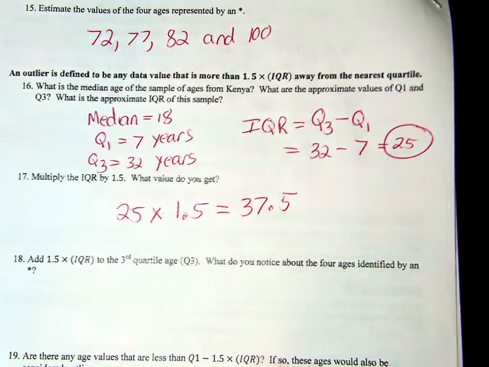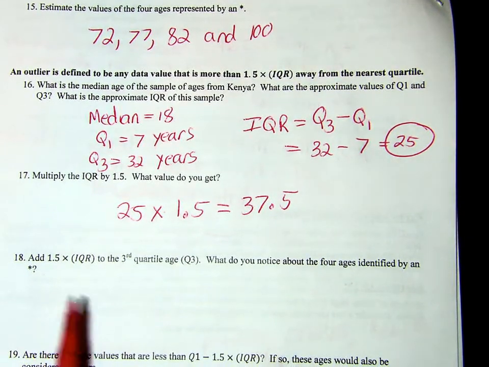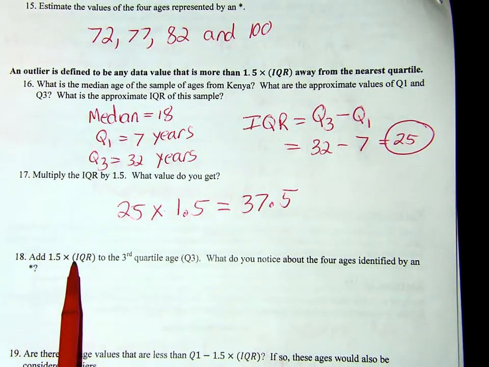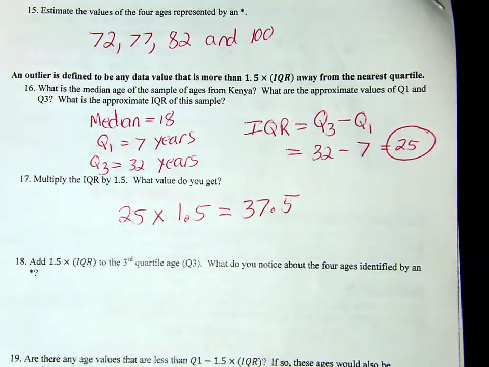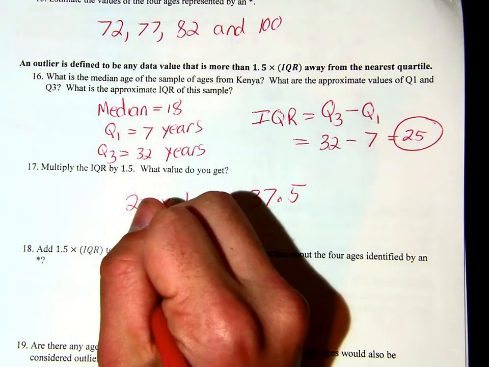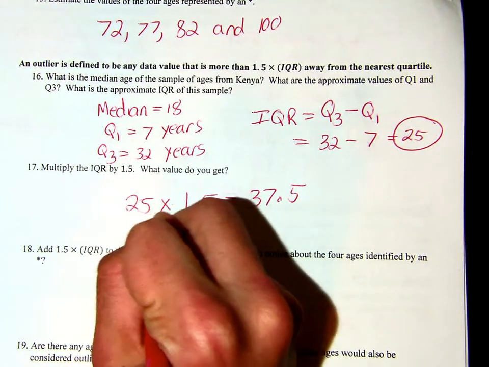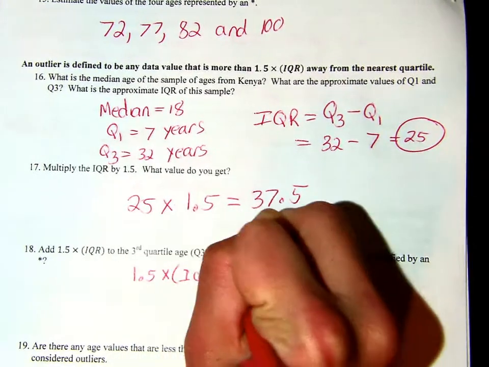Okay? And now they want us to add this 1.5 times IQR, or this 37.5, to our quartile 3. So let's do that. We have 1.5 times our IQR plus our quartile 3.